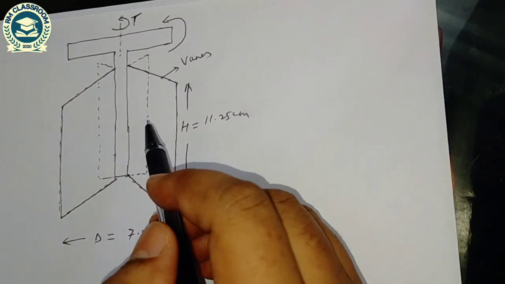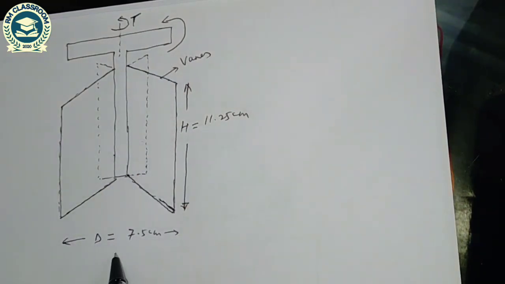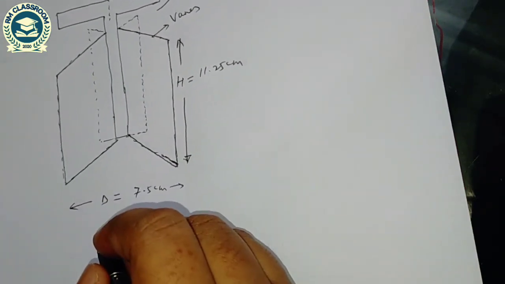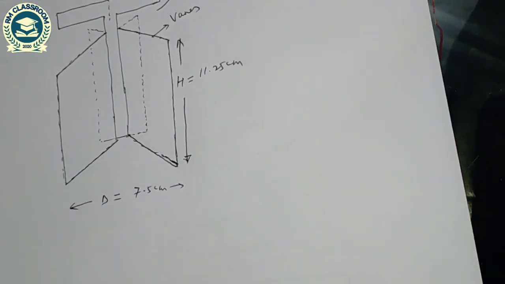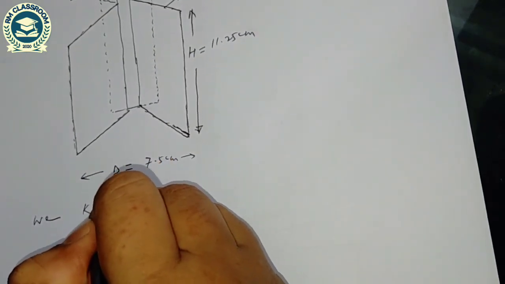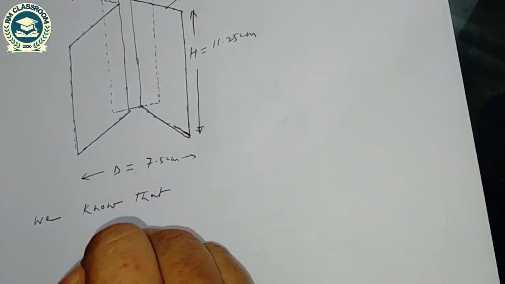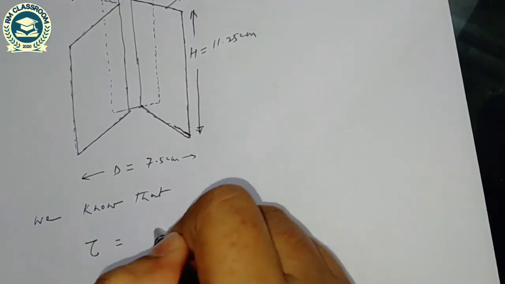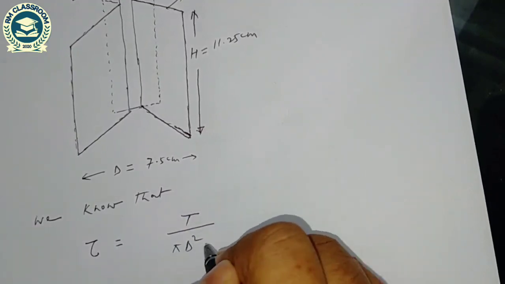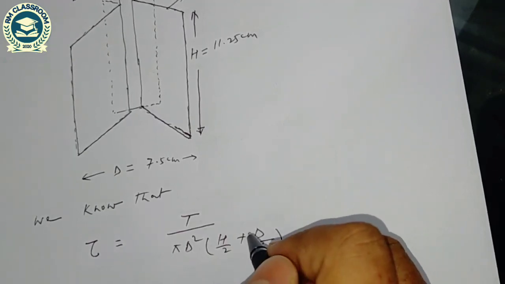So I have drawn our vane, a torque is applied, this is the diameter of the vane and height of the vane. So we know that shear strength tau is equal to T by pi d square h by 2 plus d by 6.